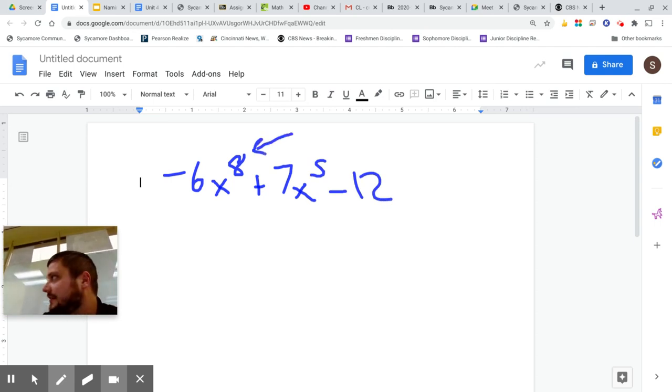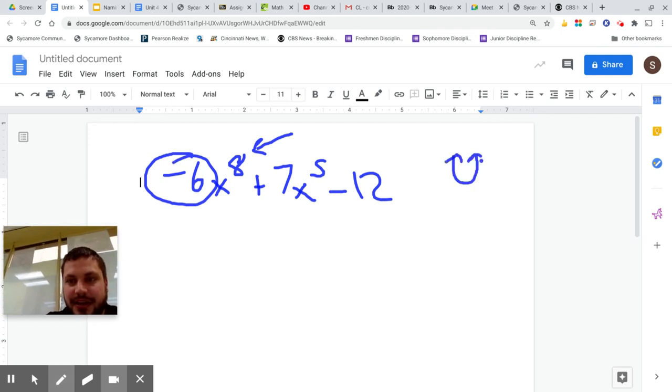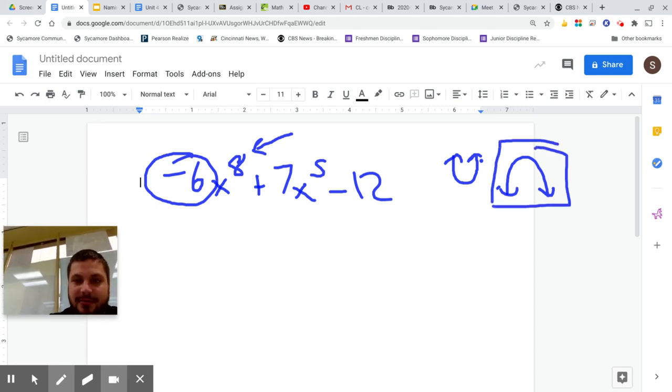The highest exponent I see is an 8. The leading coefficient is negative. Since it's an 8th degree trinomial, it's in general shaped like a parabola. It's either shaped like a U or like an umbrella. And yes, there are more dips and curves and valleys, but it's generally shaped like that. Since the leading coefficient is negative, it's shaped like an umbrella. These ending behaviors would be down, down.